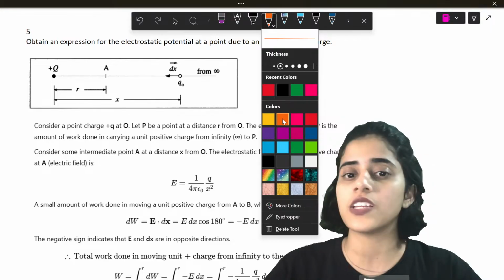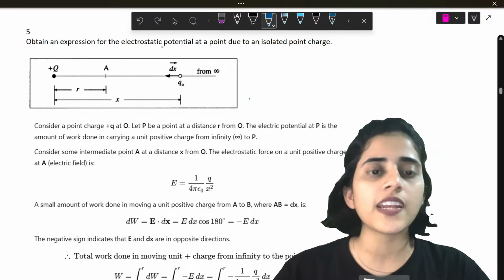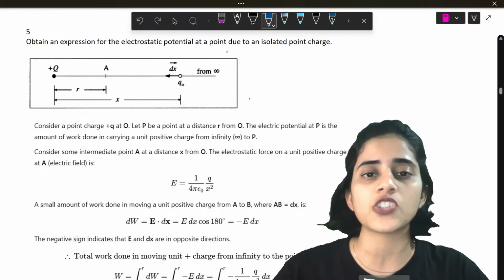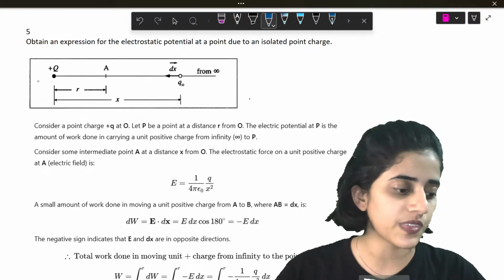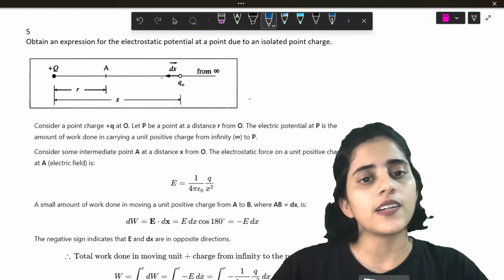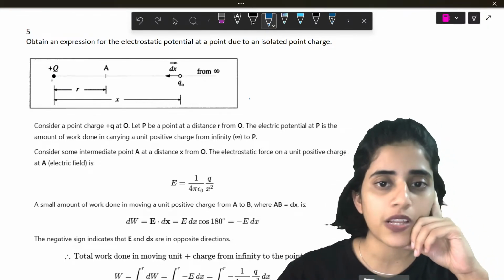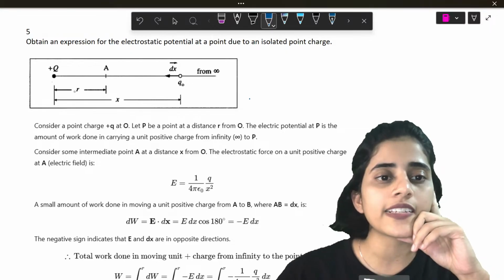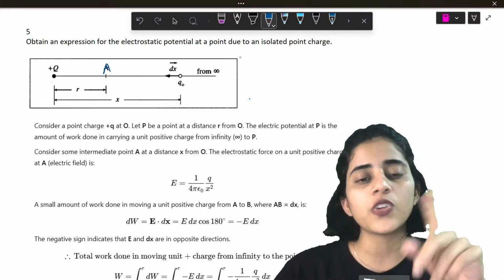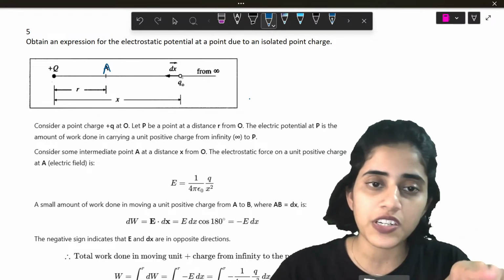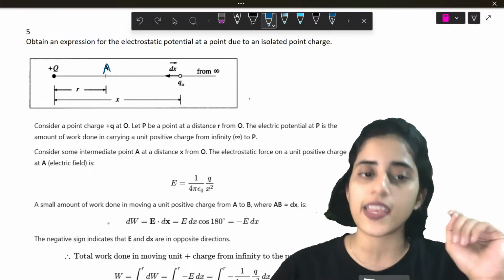Now, obtain an expression for electrostatic potential at a point due to an isolated point charge. So you have an isolated point charge, plus Q. It is at a distance R from A. And then you bring another charge from infinity, that is Q naught. The distance between Q naught and plus Q is x.